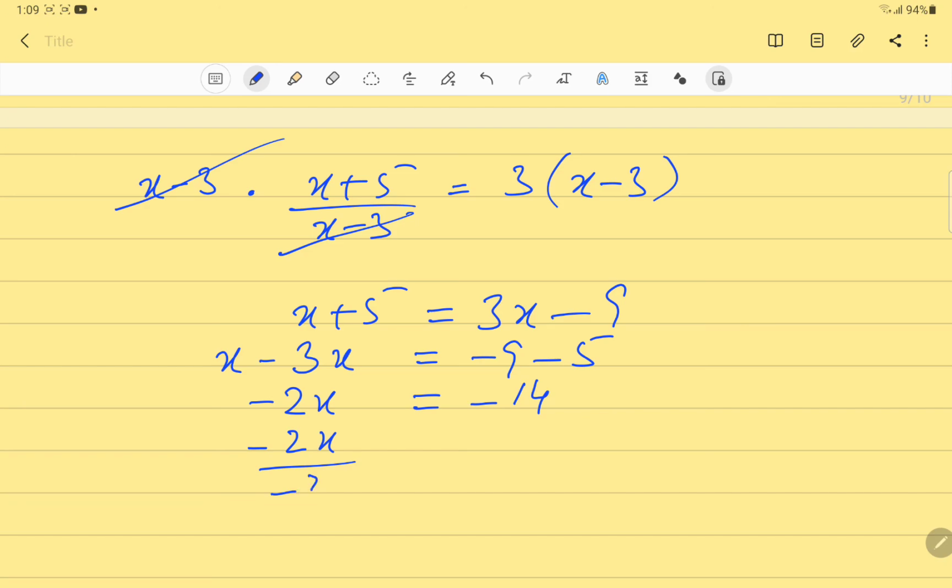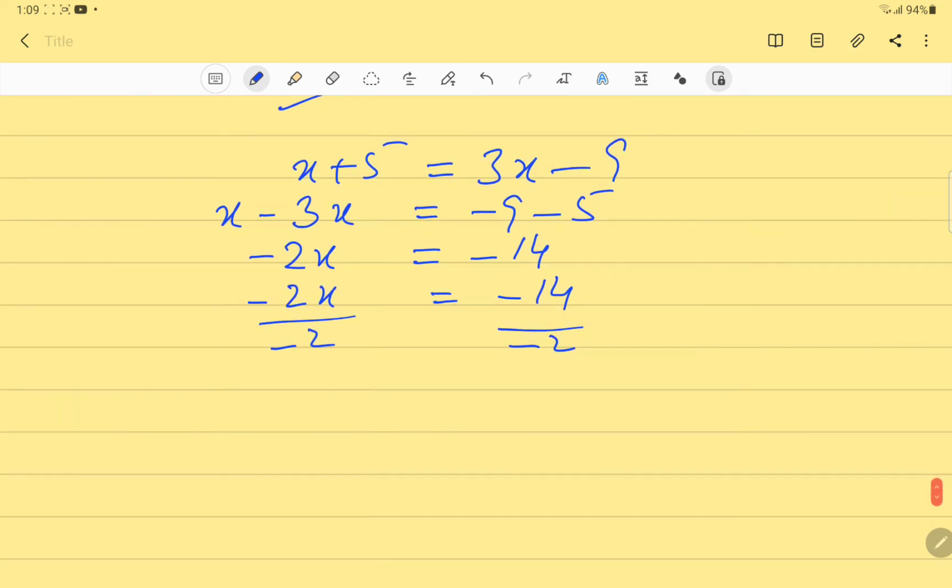We will divide both sides by minus 2, and in this way minus 2 will cancel with minus 2, minus 14 divided by minus 2 gives 7. So x is equal to 7.